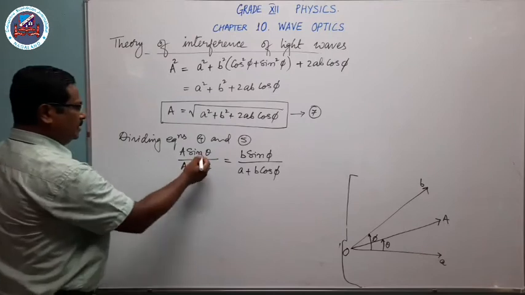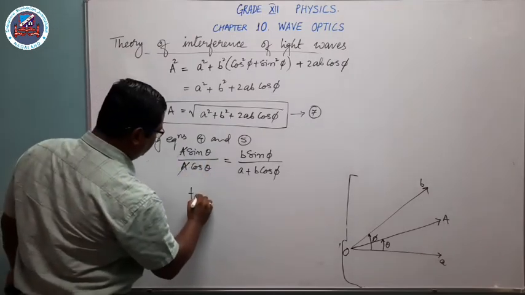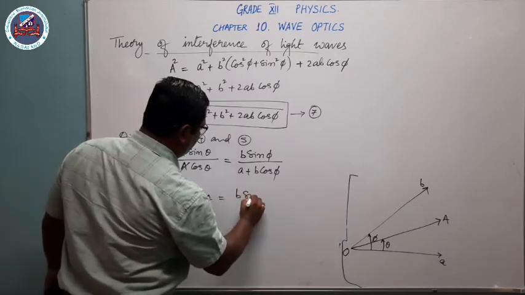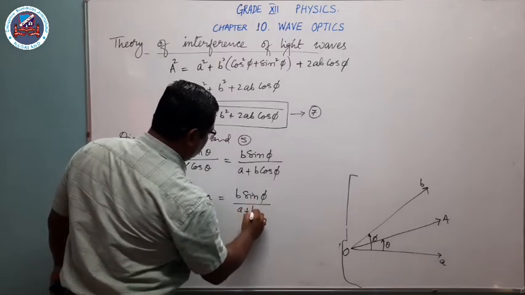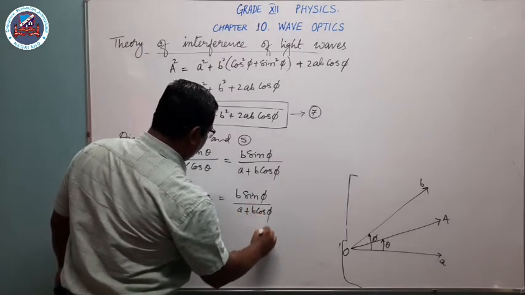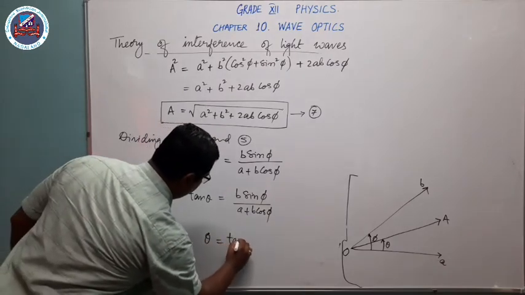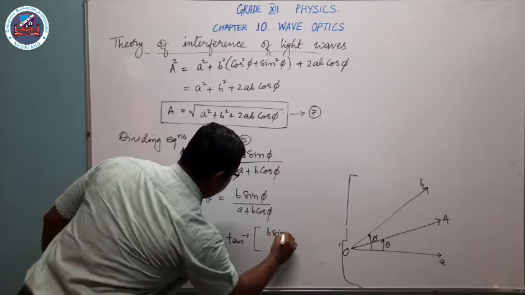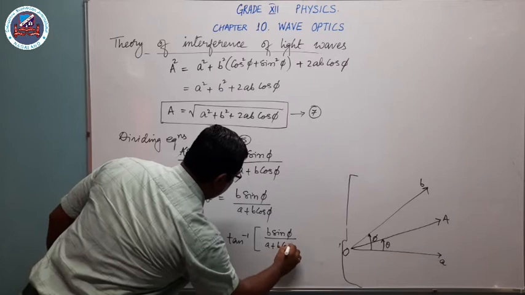Now a you can cancel, sin theta by cos theta is tan theta, equal to b sin phi divided by a plus b cos phi. So theta will be tan inverse of b sin phi divided by a plus b cos phi.